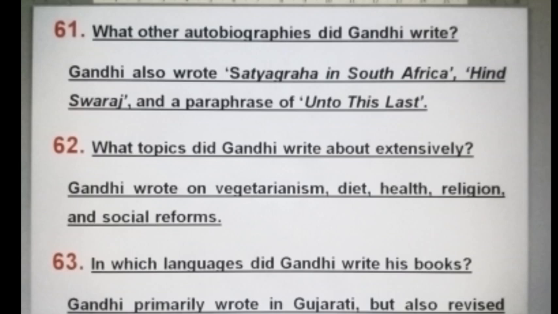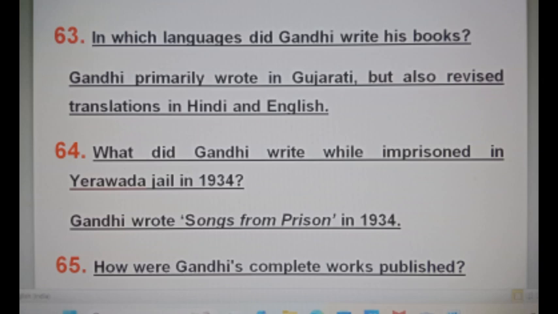What topics did Gandhi write about extensively? Gandhi wrote on vegetarianism, diet, health, religion, and social reforms. In which languages did Gandhi write his books?